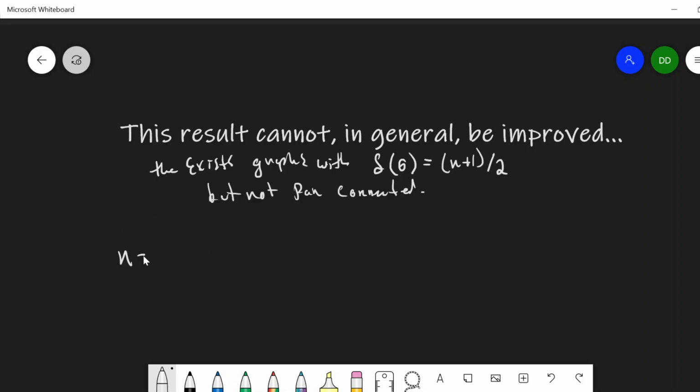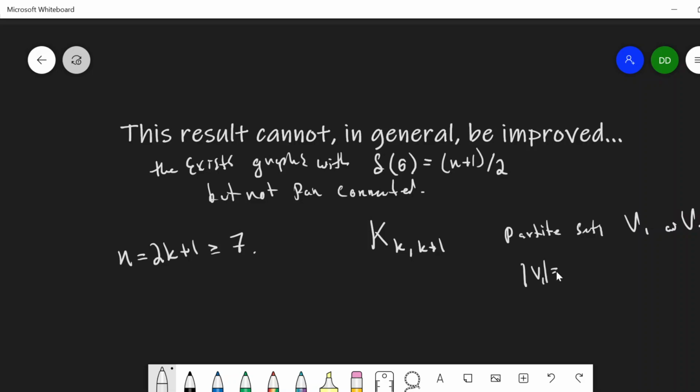So we're going to let n be odd, 2k+1, and we're going to let this be at least 7. And we're going to start with the graph K_{k,k+1}, the complete bipartite graph with partite sets, we're going to call them V1 and V2, where V1 will be the one of order k, and V2 will be the partite set of order k+1.